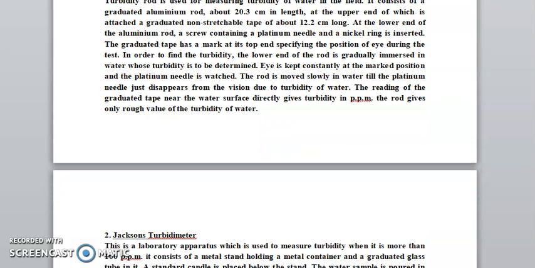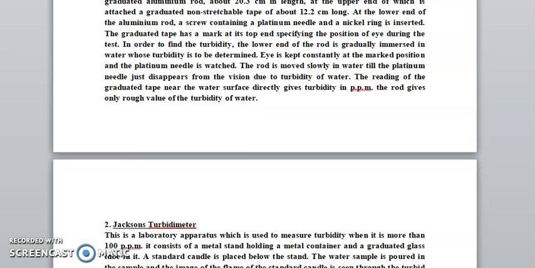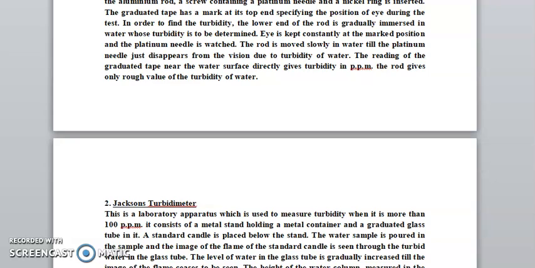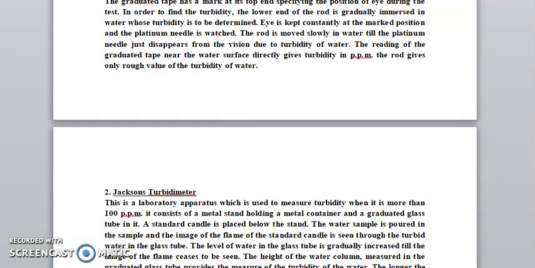Jackson turbidity meter: this is a laboratory apparatus used to measure turbidity when it is more than 100 ppm. It consists of a metal stand holding a metal container and a graduated glass tube in it. The standard candle is placed below the stand. The water sample is poured in until the image of the candle flame is just no longer seen in the turbid water glass tube.